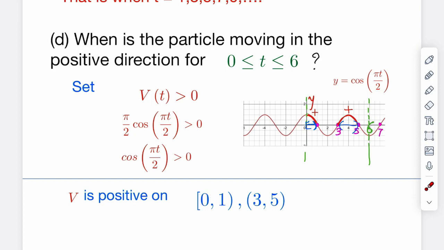But here we exclude 1 because when t equals 1, velocity is 0. It is not positive. Similarly here, we don't include the 2n points because velocity will be equal to 0 there. So this is an open interval, and this is for t greater than or equal to 0, less than or equal to 6. So positive velocity, and then here negative velocity and negative velocity.